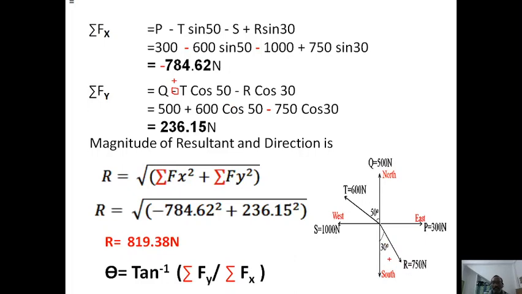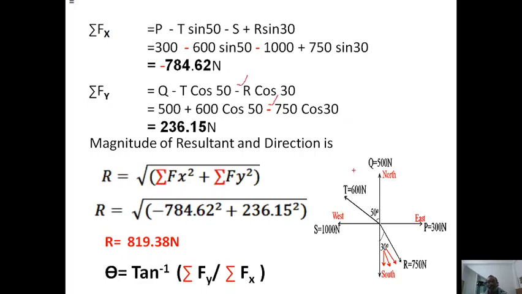This is also approached like this. You can see this is the 30-degree angle, so I am again trying to see how it looks, whether it is downward or upward. For this I am just drawing the arrows like this, and it is approaching downward, hence it should be negative.